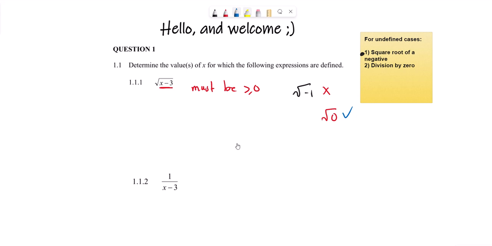The square root of negative 1 does not exist.